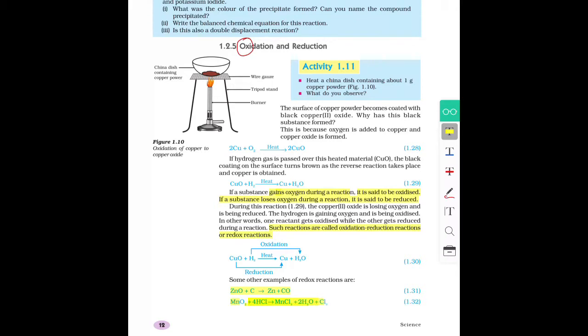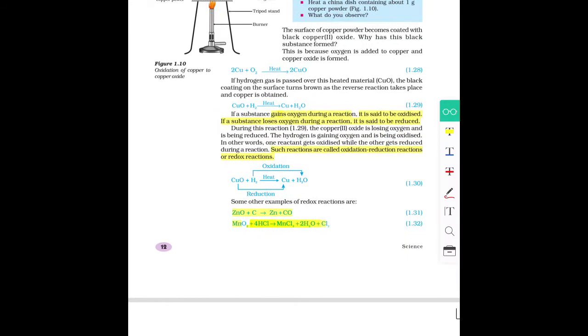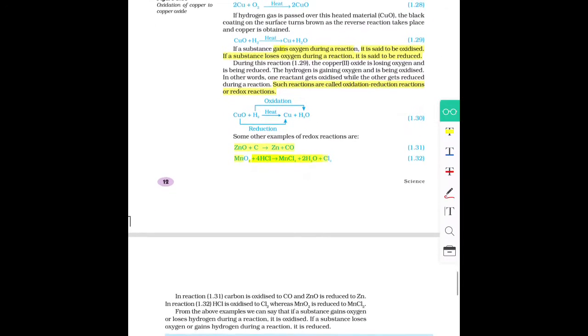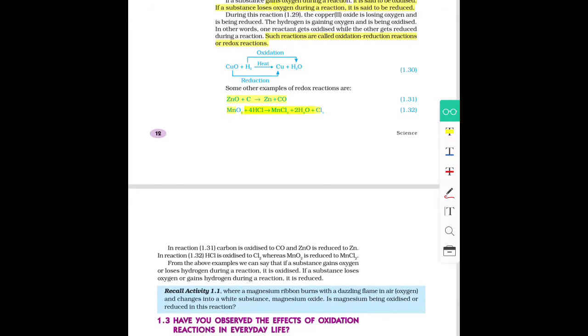In the same way, for MnO2 plus 4HCl, Mn is losing oxygen and HCl is gaining oxygen, that is, hydrogen is gaining oxygen. So we can say Mn underwent reduction and H underwent oxidation. So in reaction 1.31, carbon is oxidized to CO and ZnO is reduced to Zn.